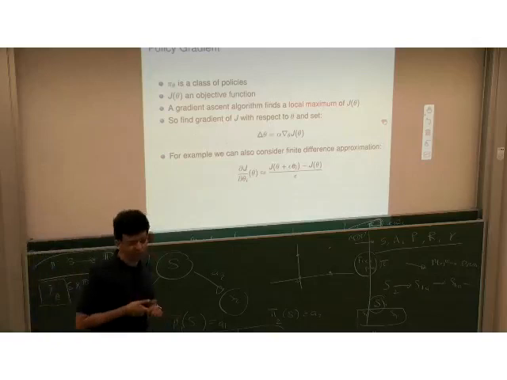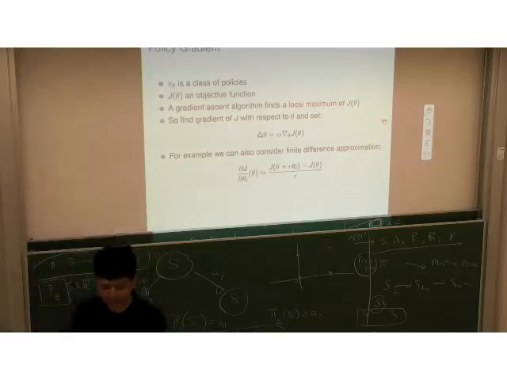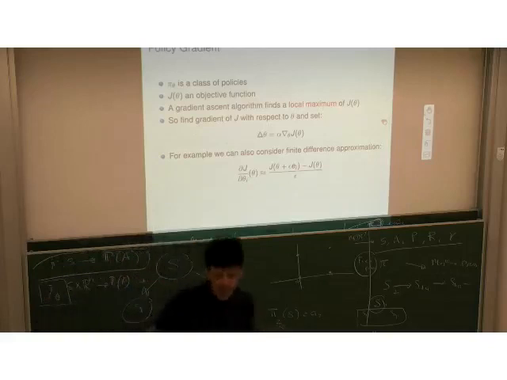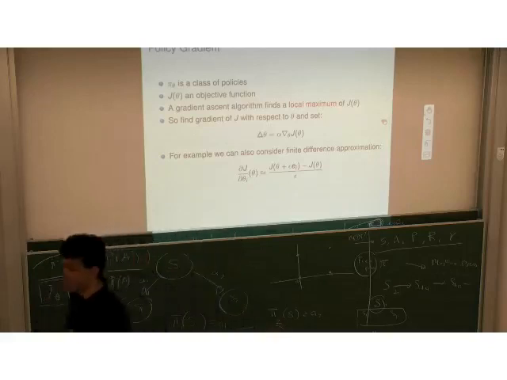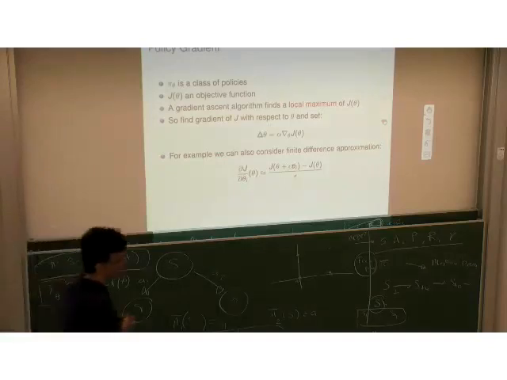But assuming all that mathematics is well behaved for our problem, we can go on and consider gradient. So in any gradient descent or gradient ascent, what you need is to compute the gradient and move a step towards.